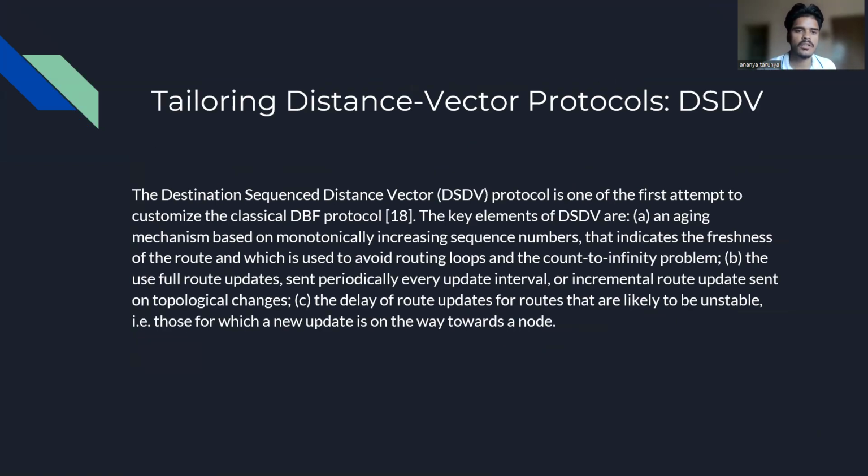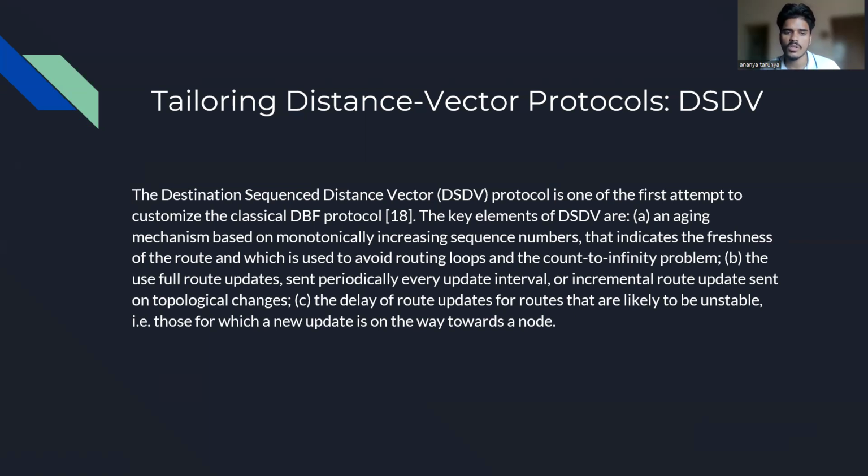Next our topic is tailoring distance vector protocols, that means DSDV. DSDV means Destination Sequenced Distance Vector. It is one of the first attempts to customize the classic DBF protocols. The key elements of DSDV are, first, an aging mechanism based on monotonically increasing sequence numbers that indicate the freshness of the route, which is used to avoid routing loops and the count to infinity problem.